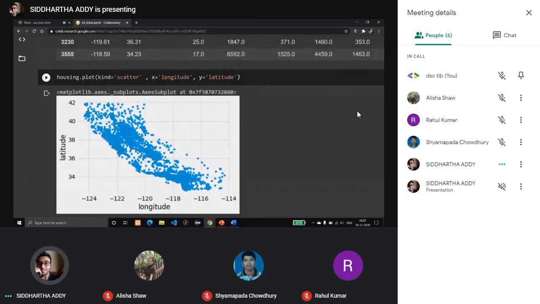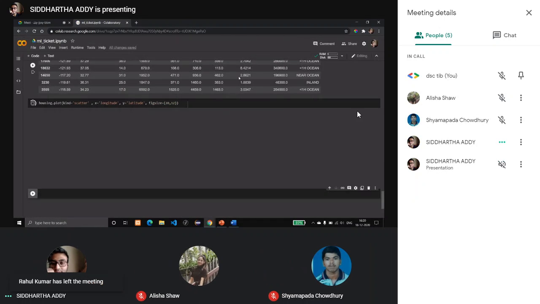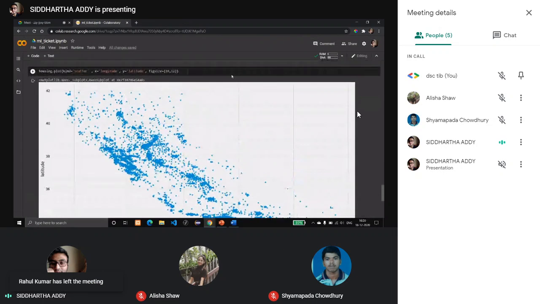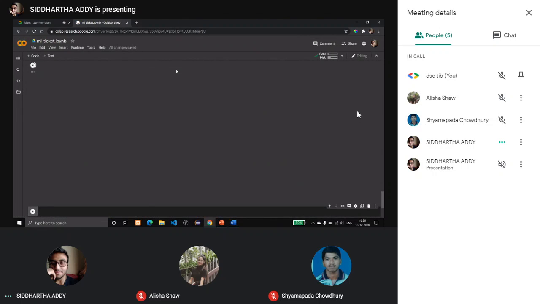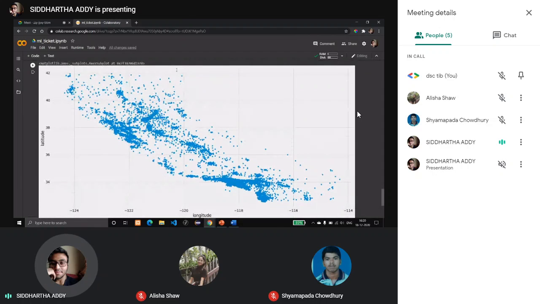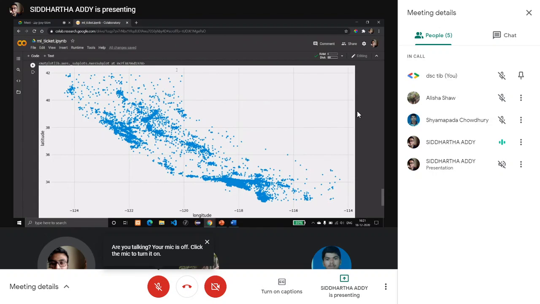I need to set a figure size. Okay, so this is a scatter plot. As you can see, dots. A scatter plot provides a dot at the point where the data is present. So I have chosen the x-axis as longitude and the y-axis as latitude.